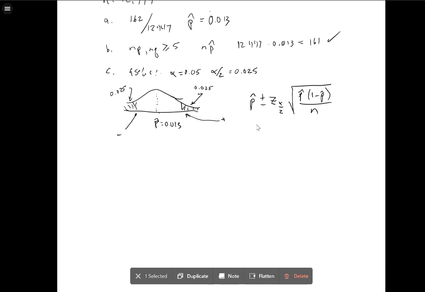We're going to need z at alpha over 2, which is 0.025. We could get this a couple different ways. You could go into the cumulative standard normal table and get the number out that way.